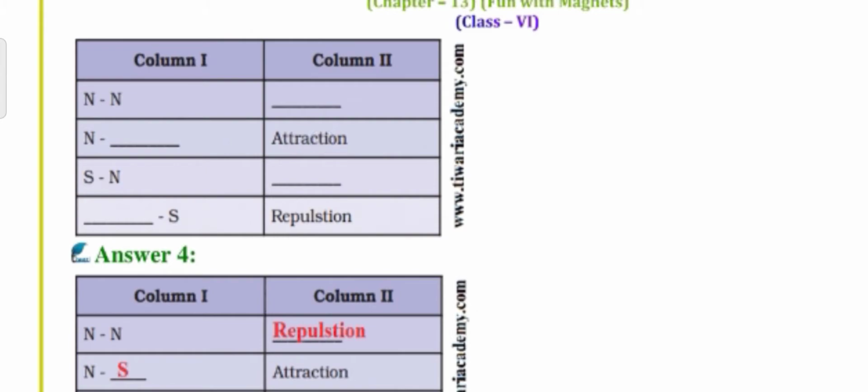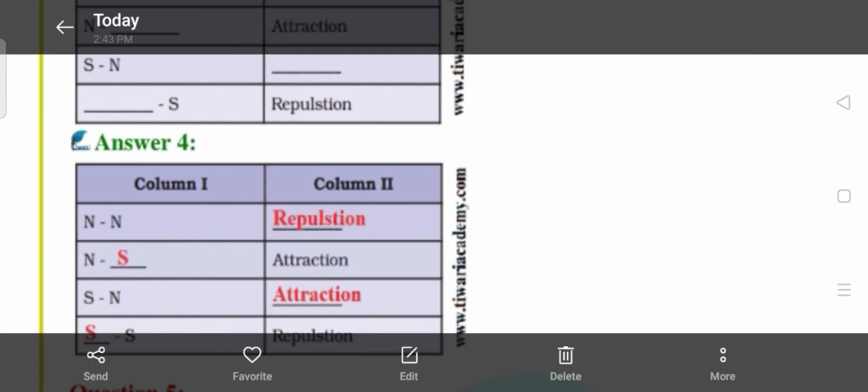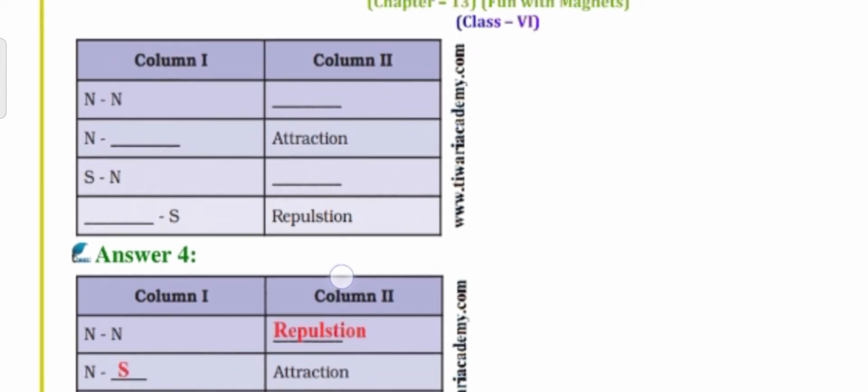So one of the magnets has its north pole in this direction, and we want attraction to take place. So which pole do we want to place here? Yes, very good. South pole. We want to place a south pole here so that north and south are opposite poles. So attraction takes place.